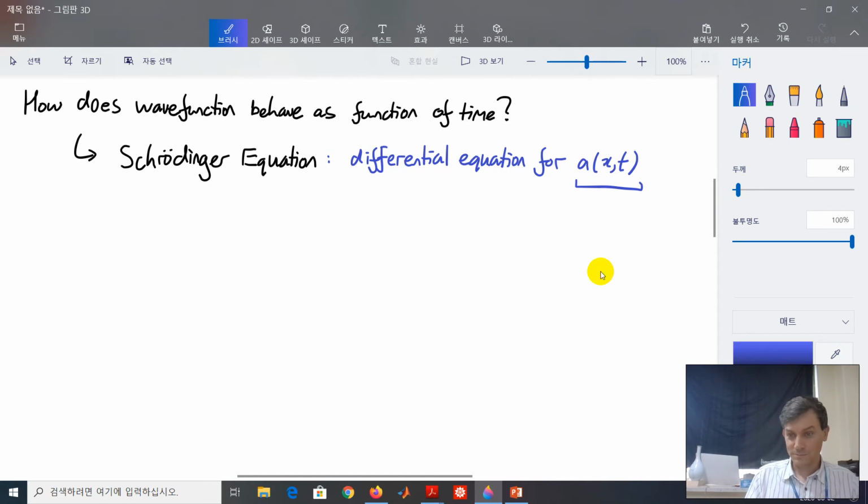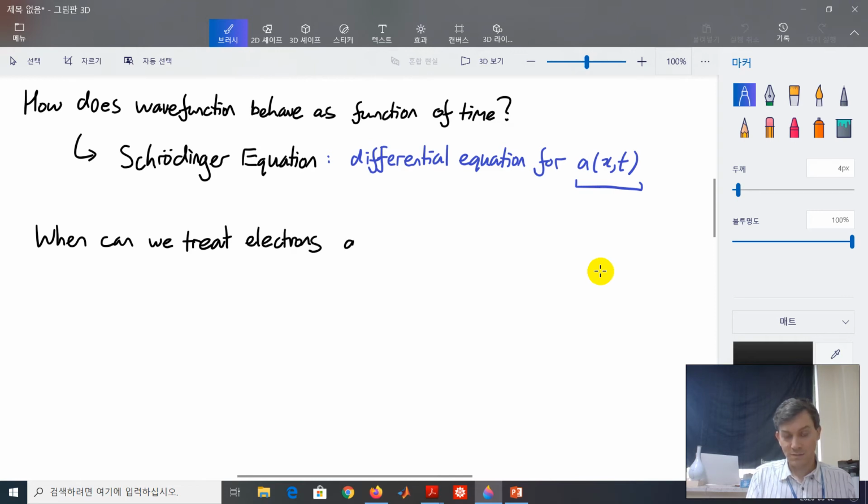So when can we treat electrons as classical particles?